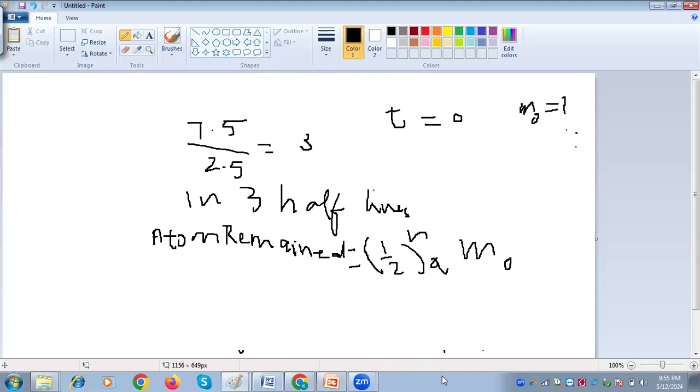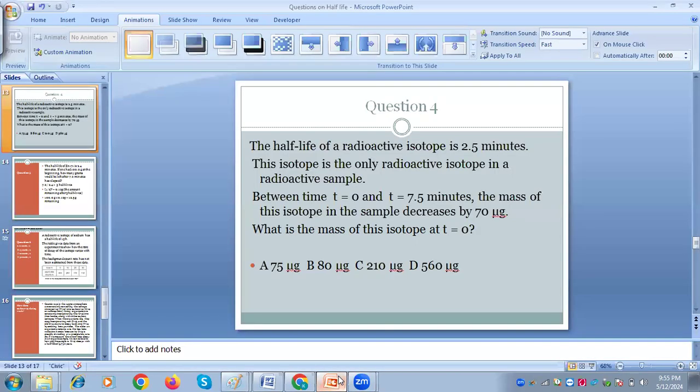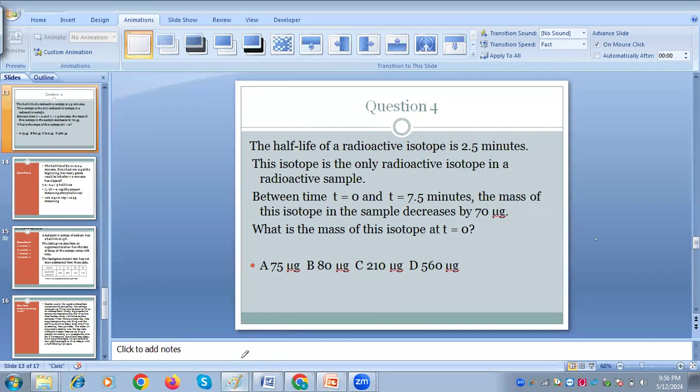Now, let us have a look at the question. Fraction remained, 70 microgram. Decreases by 70 microgram. So remained is what? M minus 70. It is 70 microgram less. Let us go back to the work here.